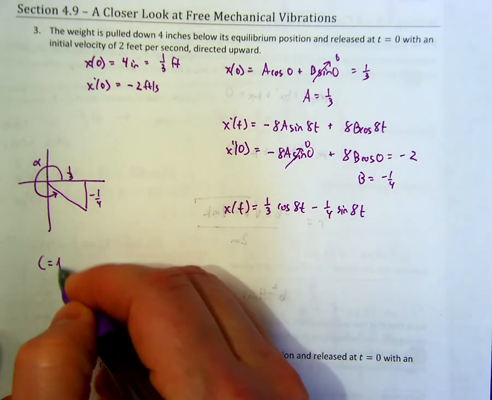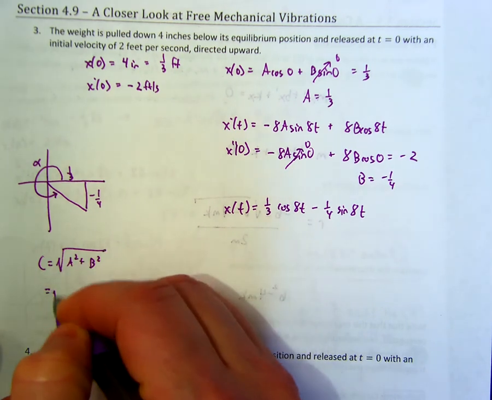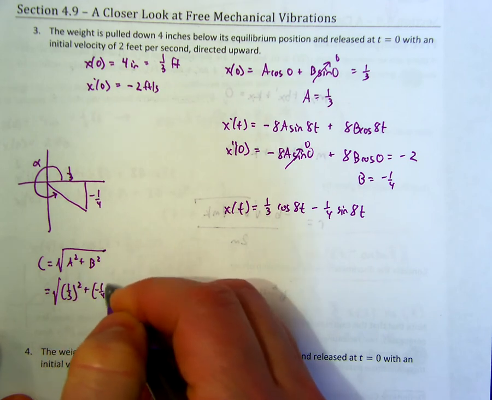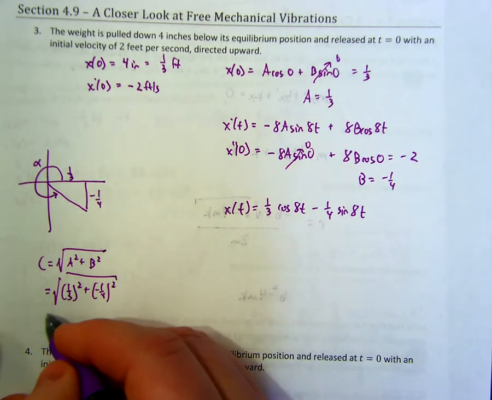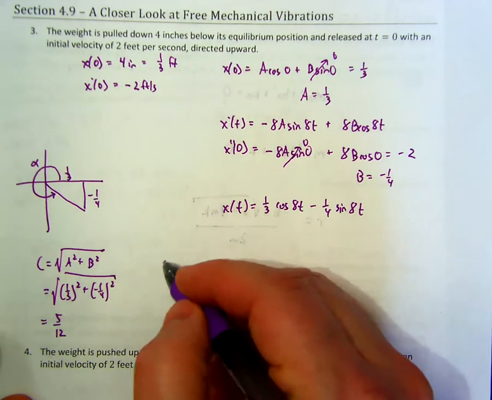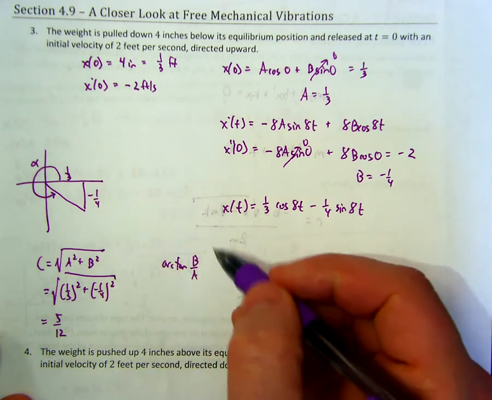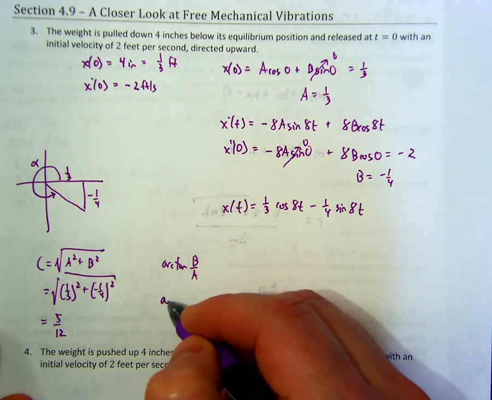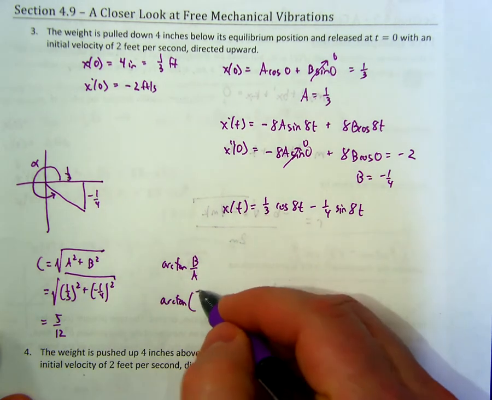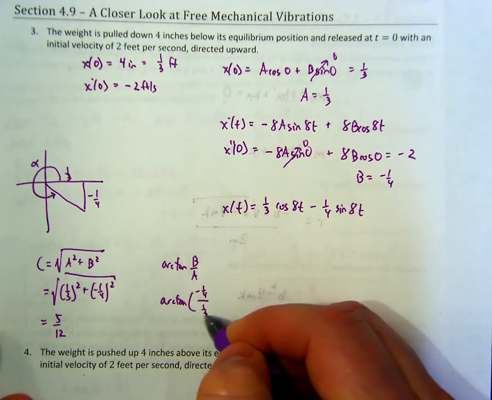So c is the same, square root of a squared plus b squared. That's going to be the same, the square root of 1/3 squared plus 1/4 squared. Because we're squaring, the fact that the b was negative this time doesn't matter, so we're still going to get 5/12. If we do the arctangent of b over a, that'll be the arctangent of negative 1/4 over 1/3.